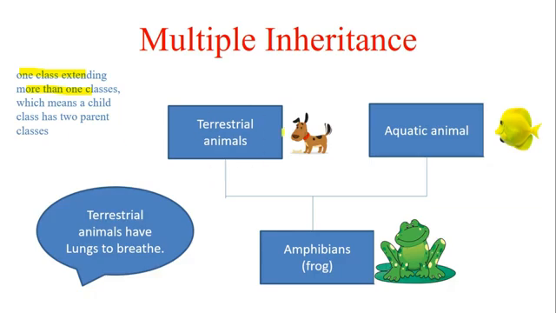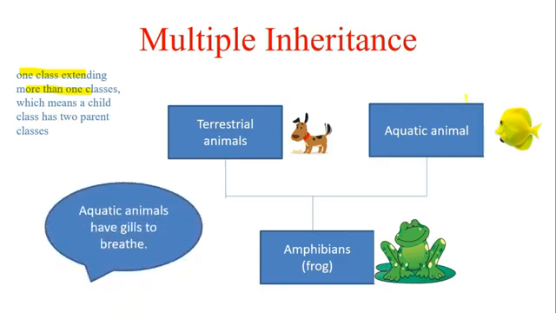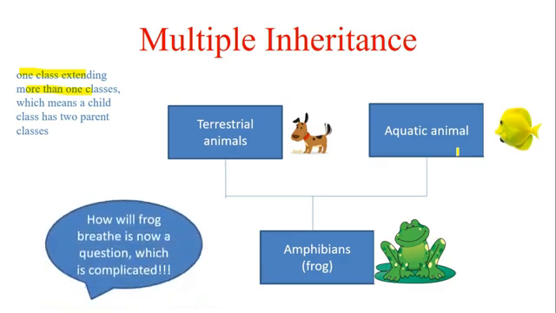Terrestrial animals have a property to live on land, so they have lungs to breathe. Aquatic animals have gills to breathe and live in water. What about amphibians? How a frog breathes is a complicated thing, right? In technical terms, amphibians have lungs to breathe on land and they have gills of a kind so that they can breathe in water also.